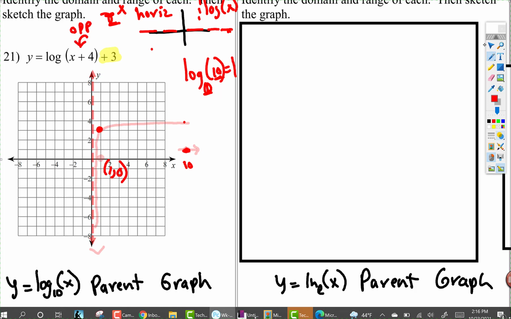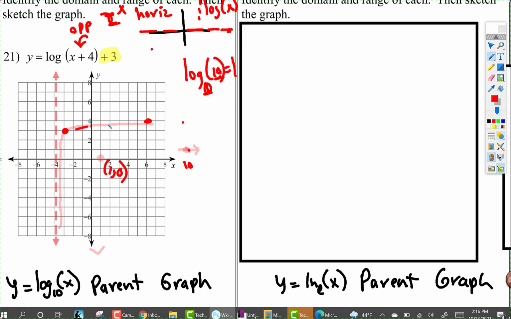So you're going to move everything back 4. That includes the asymptote, so the asymptote gets moved to -4. This dot, I should move that up. And then 1, 2, 3, 4. And it would have looked about something like that.